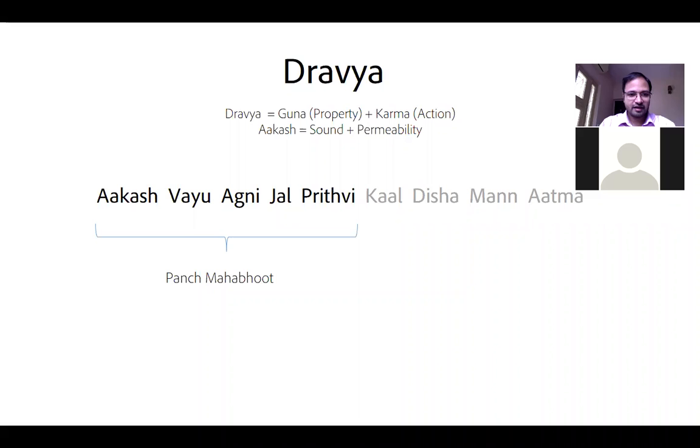So if you see Akash, Vayu, Agni, Jal, Prithvi, these are the first 5 physical elements that we experience in everyday life. Although, for some reason, Charaka did not believe in this aspect, and he thought that there are only 4 basic Mahabhutas, and those are Vayu, Agni, Jal, and Prithvi.